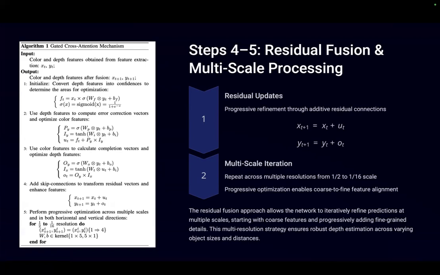Aditi: I had one question. For the color features, we are sort of incorporating the depth information somehow, right? And vice versa, for the depth features, we are somehow incorporating the color features. So it is that bi-directional process.